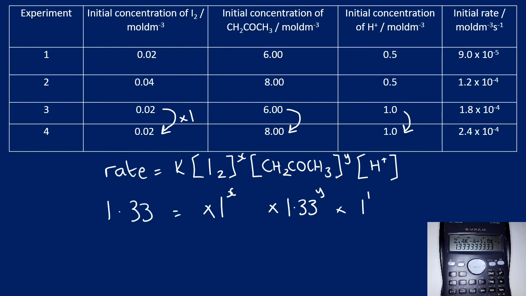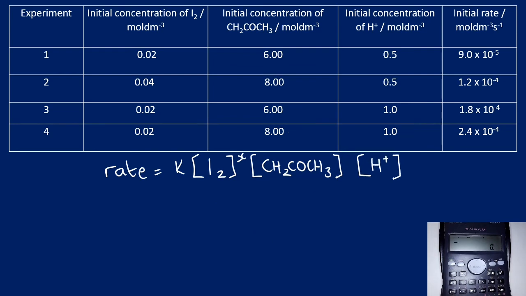So I can remove this and I can remove this because that's just 1. 1 to the power of anything is 1 and 1 to the 1 is 1. So we've now got 1.33 is equal to 1.33 to the y. Therefore, y is equal to 1. So it's first order with respect to CH2COCH3.